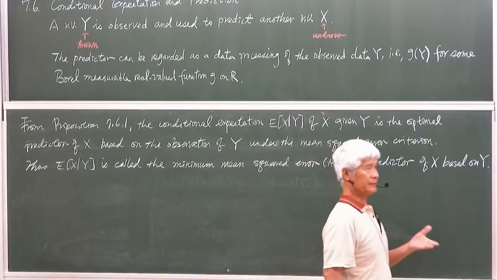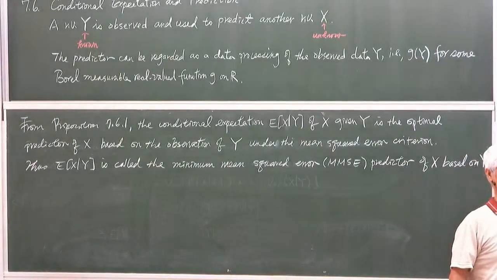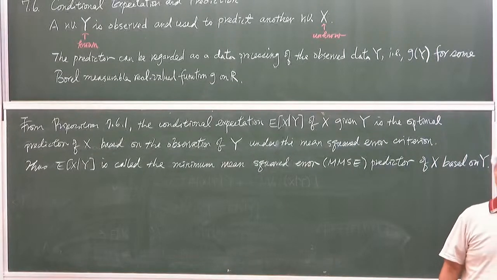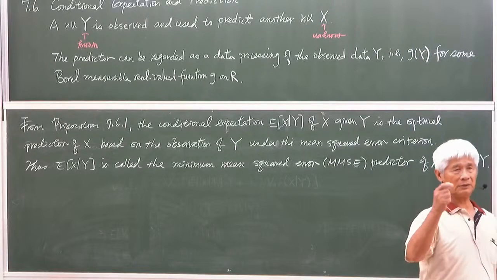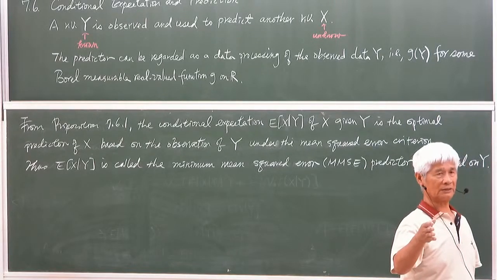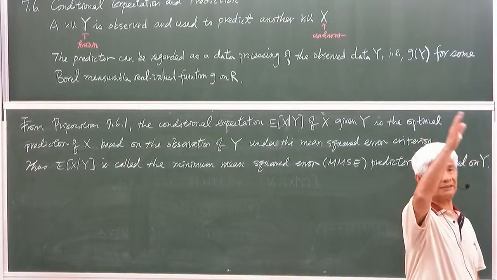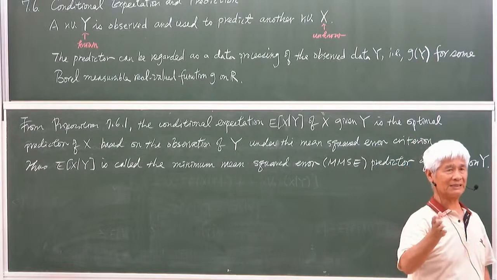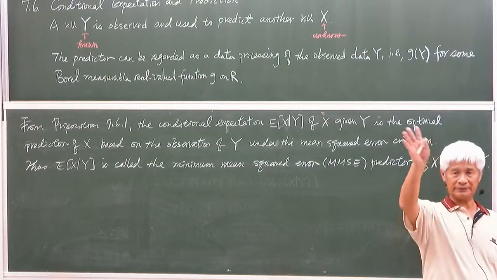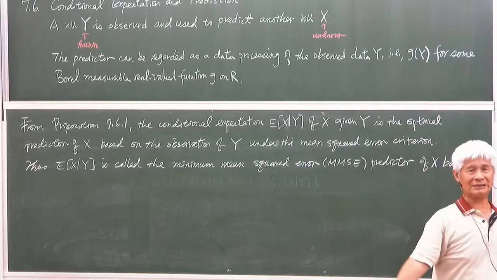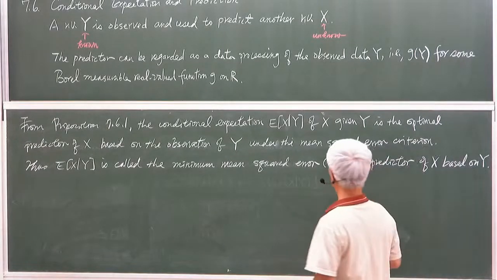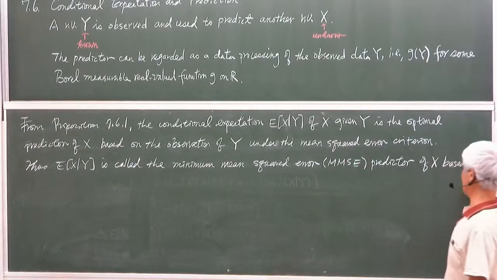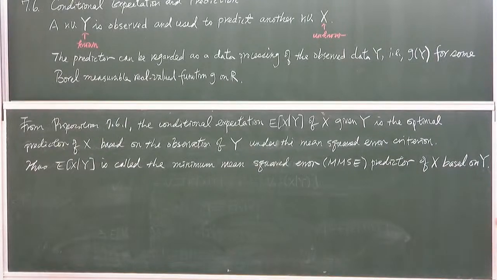for example, in communications, the message we want to transmit is the input of a certain channel, and at the output of the channel, for example if the channel is the air, we transmit messages through radio in the air over a long distance, and we receive a signal. So Y is the received signal, X is the message to transmit.